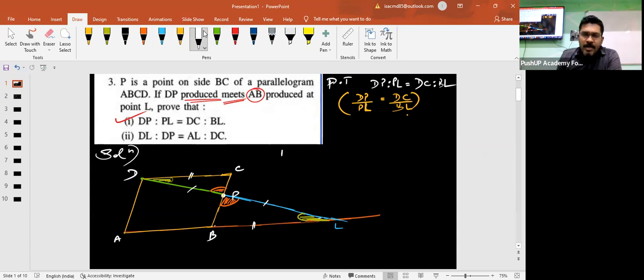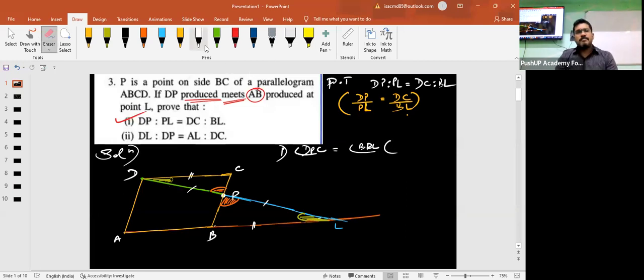So what is the first point? It is angle DPC is equal to angle BPL, and the reason is vertically opposite angles. Make a note.